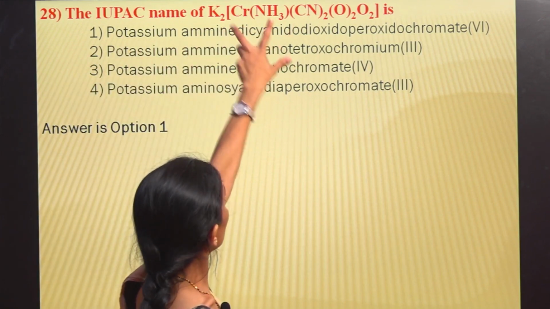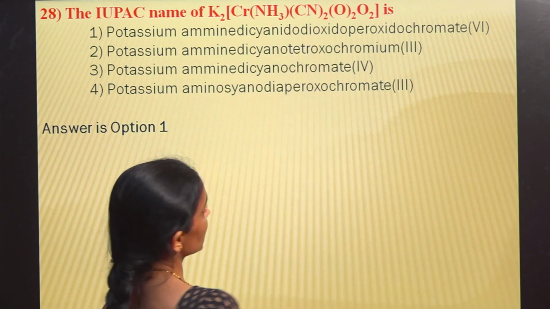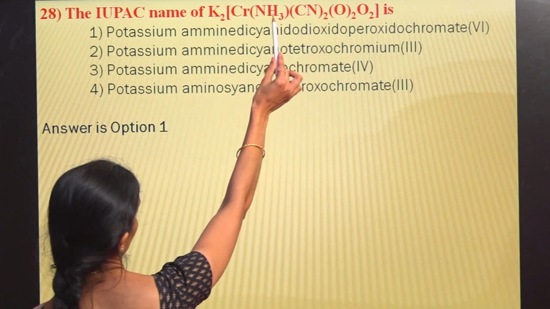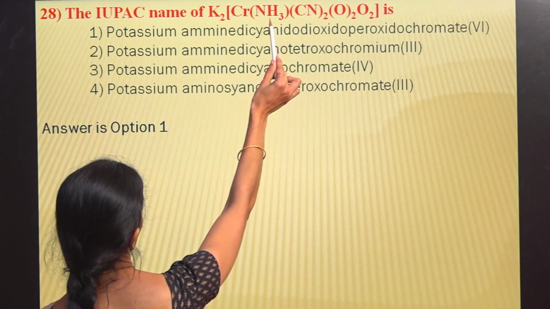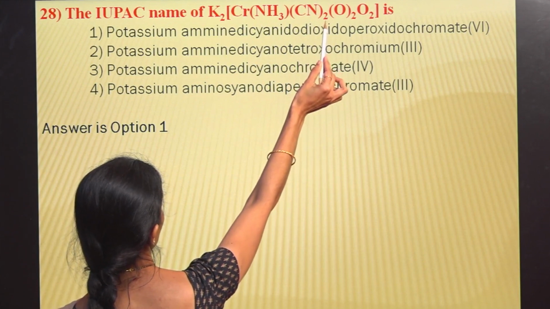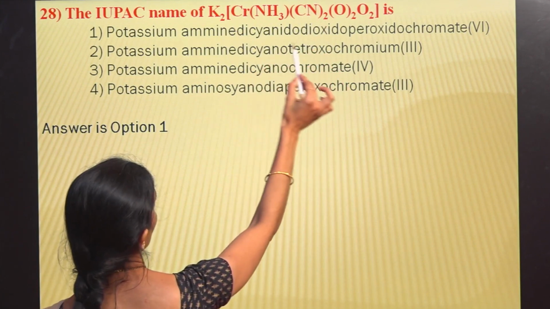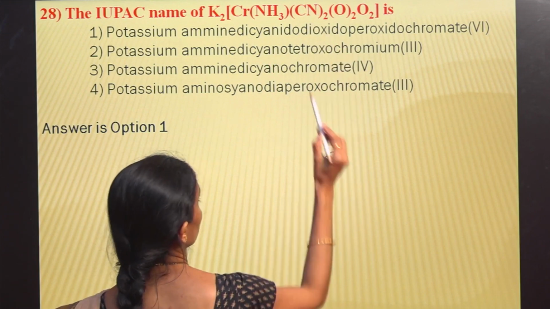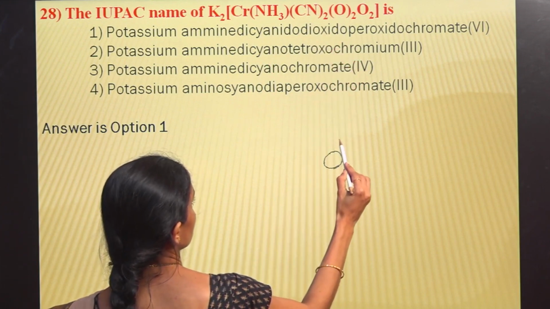Next, in the square bracket term, the ligands have to be named first and then the central metal, with ligands in alphabetical order. So this is the ammine ligand. This is cyanido, and since there are two, dicyanido. What about O? This is the oxido ligand.